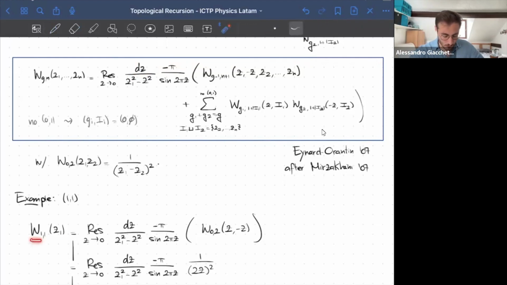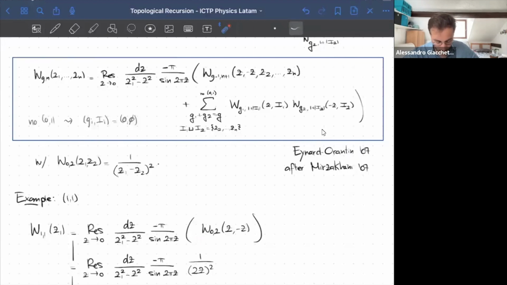If you want to compute W_{1,1}, this part is always the same, no matter what g and n are. Then you have to understand what to insert here. In the (1,1) case, you will end up with W_{0,2} evaluated at z and minus z, and here you have nothing. So this term corresponds to this one.